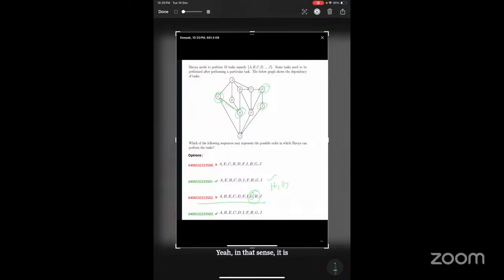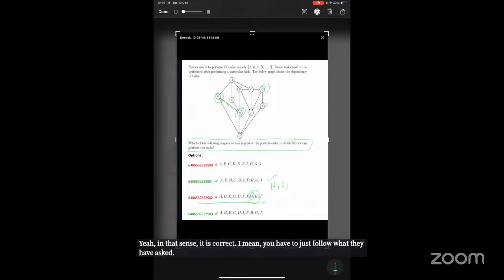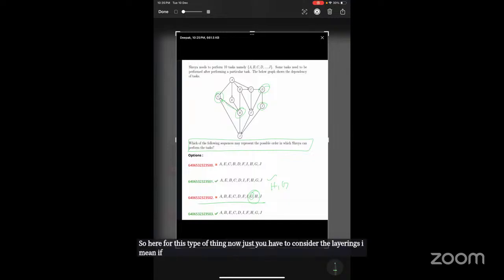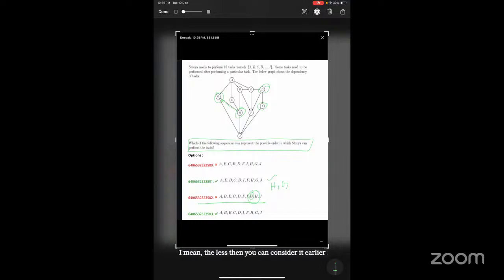You have to just follow what they have asked, right? Yes. So for this type of thing, you have to consider the layerings. If the layering is less, then you can consider it earlier. No problem then. Okay, okay, ma'am.